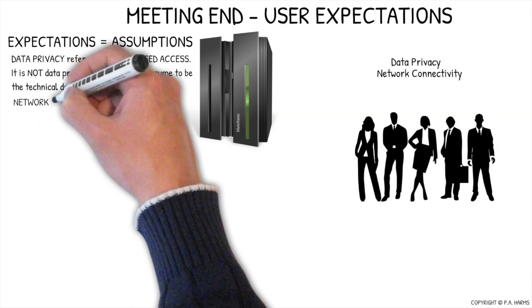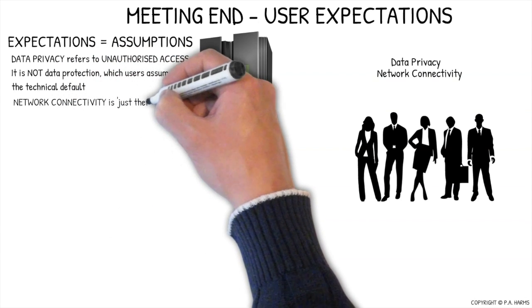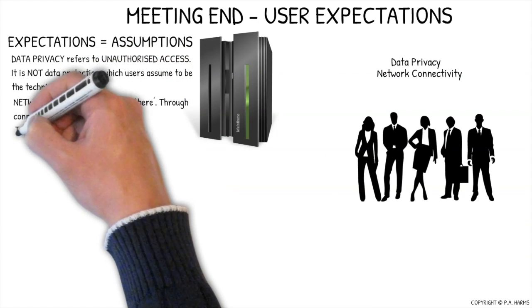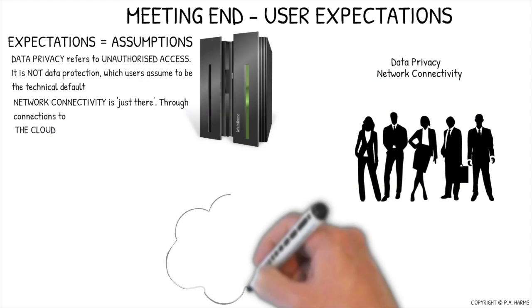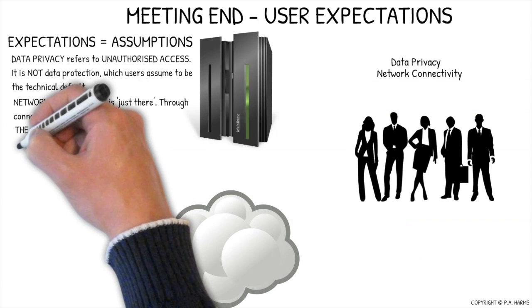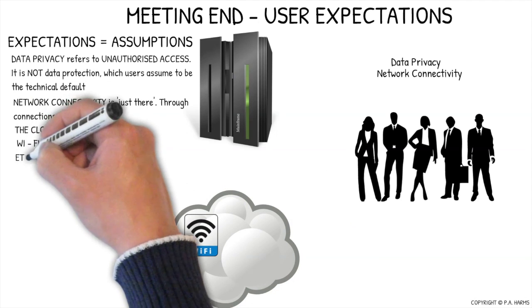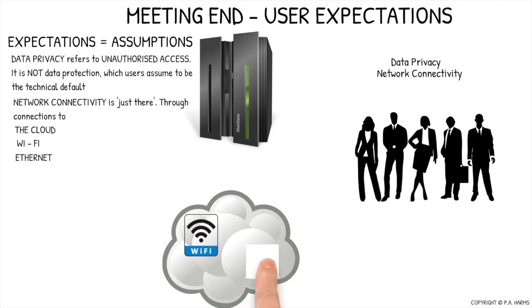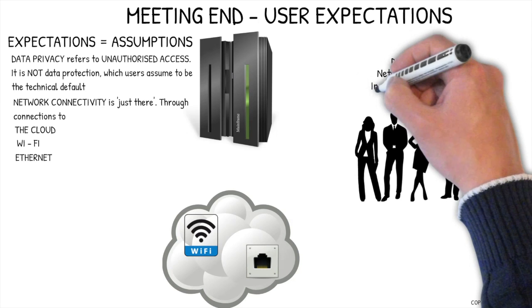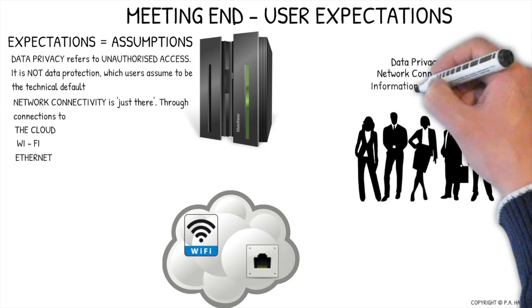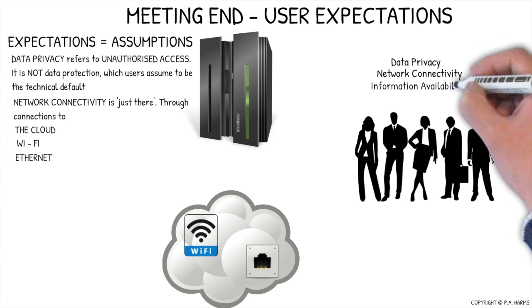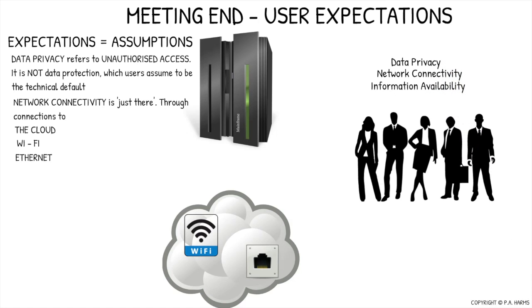Next, users assume instant and constant network connectivity. Network connectivity is just there, through connections to the cloud, Wi-Fi, and Ethernet. The previous assumptions naturally lead users to conclude that information availability is a given.